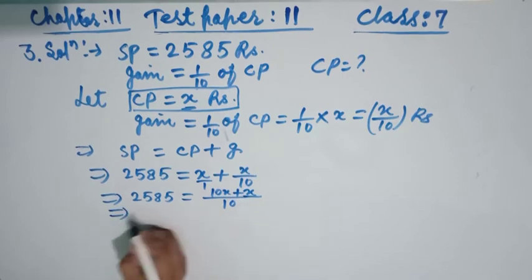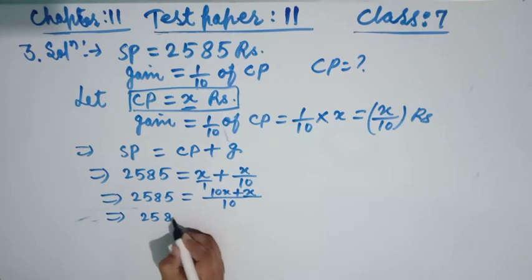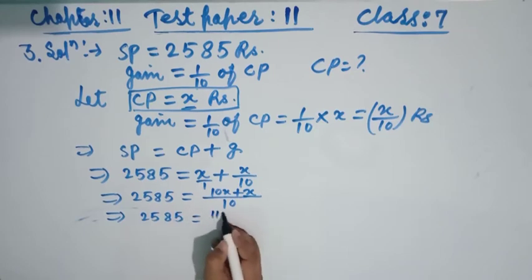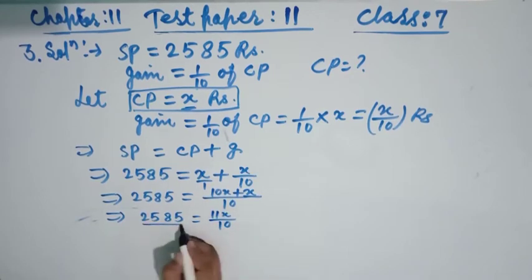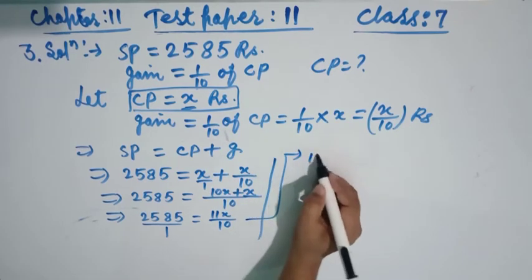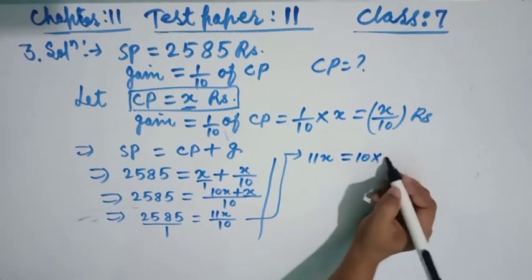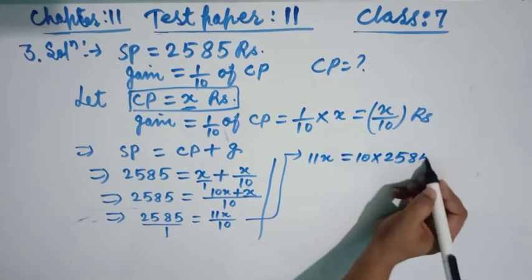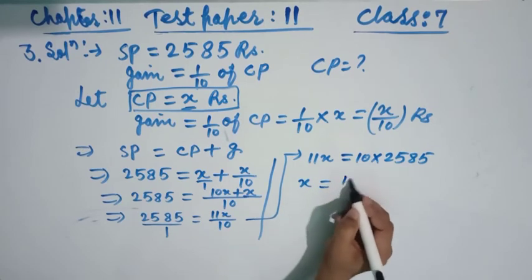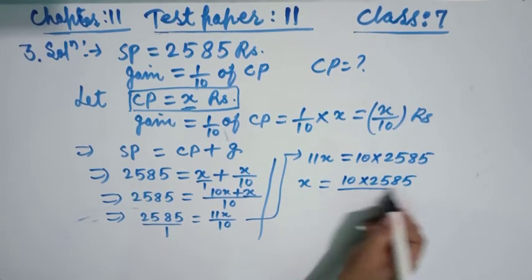So 2585 is equal to 11x divided by 10. Now after cross multiplication, 11x into 1 is 11x, divided by 10 multiplied by 2585. So x is equal to 10 multiplied by 2585 divided by 11.